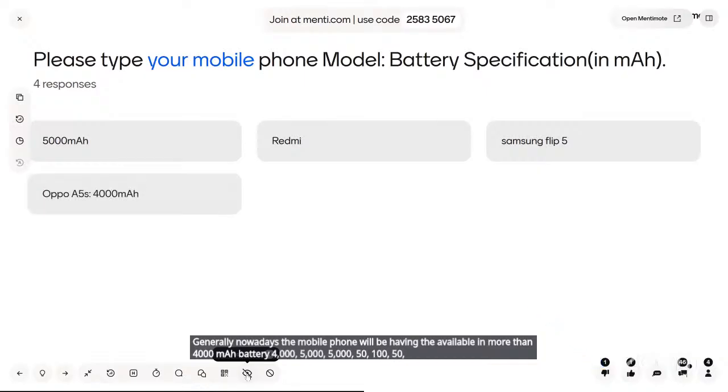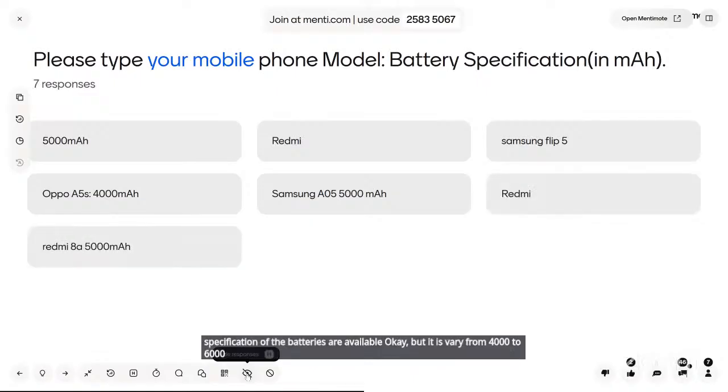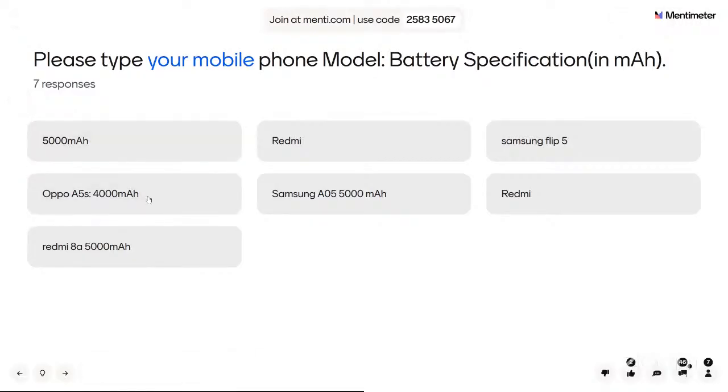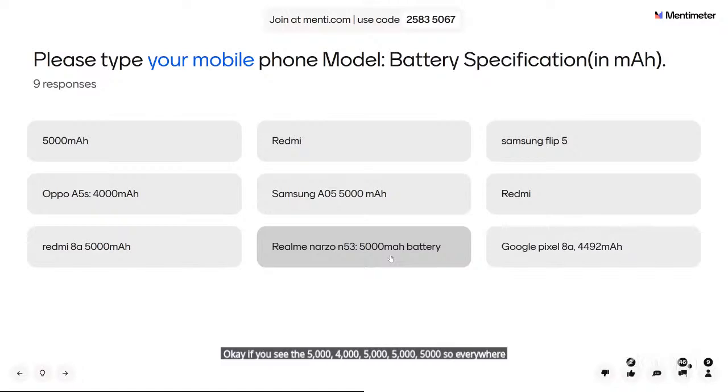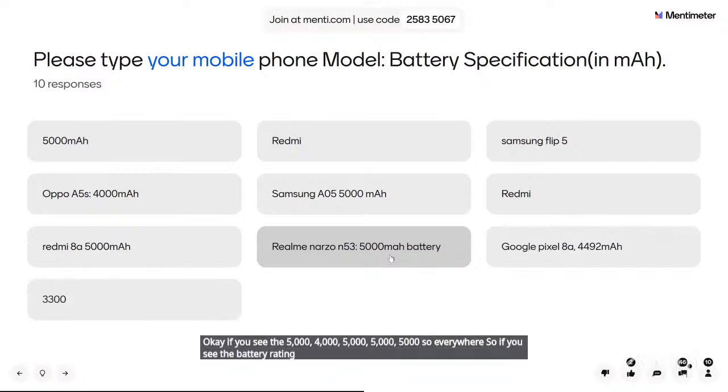So these are some of the battery specifications available, but the current rating varies from 4,000 to 6,000 mAh. If you see the battery rating, it lies from 4,000 to 6,000.